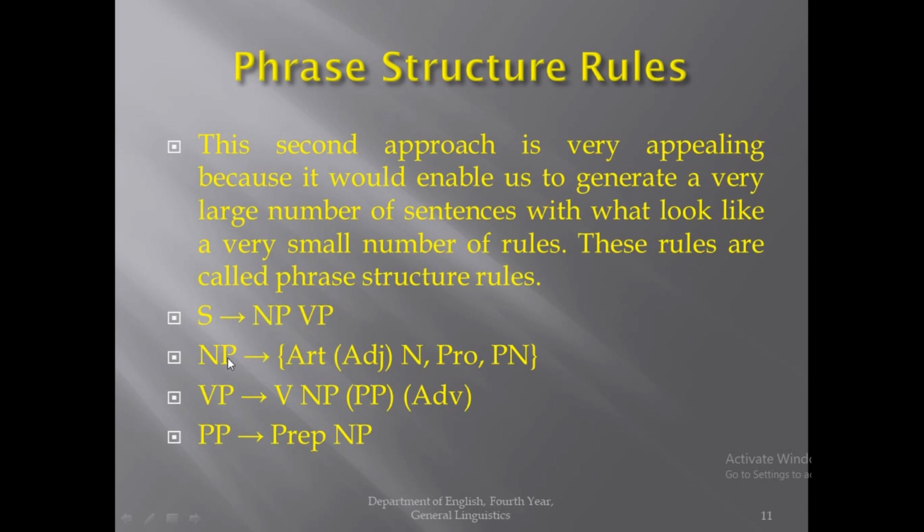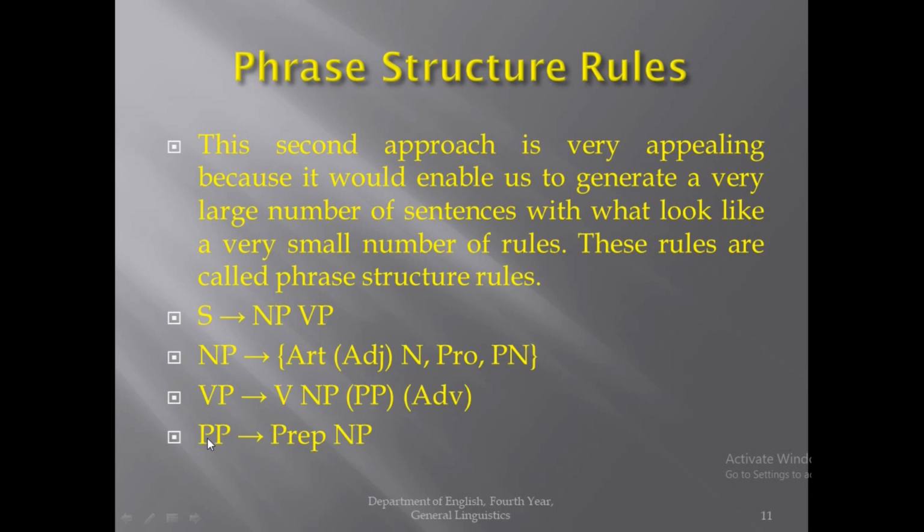Now, when it comes to the noun phrase, it must be rewritten as, you see, these brackets, optional article, optional adjective and noun, or pronoun, or proper noun. The verb phrase must be rewritten as verb plus noun phrase, or optional prepositional phrase, or optional adverbial.